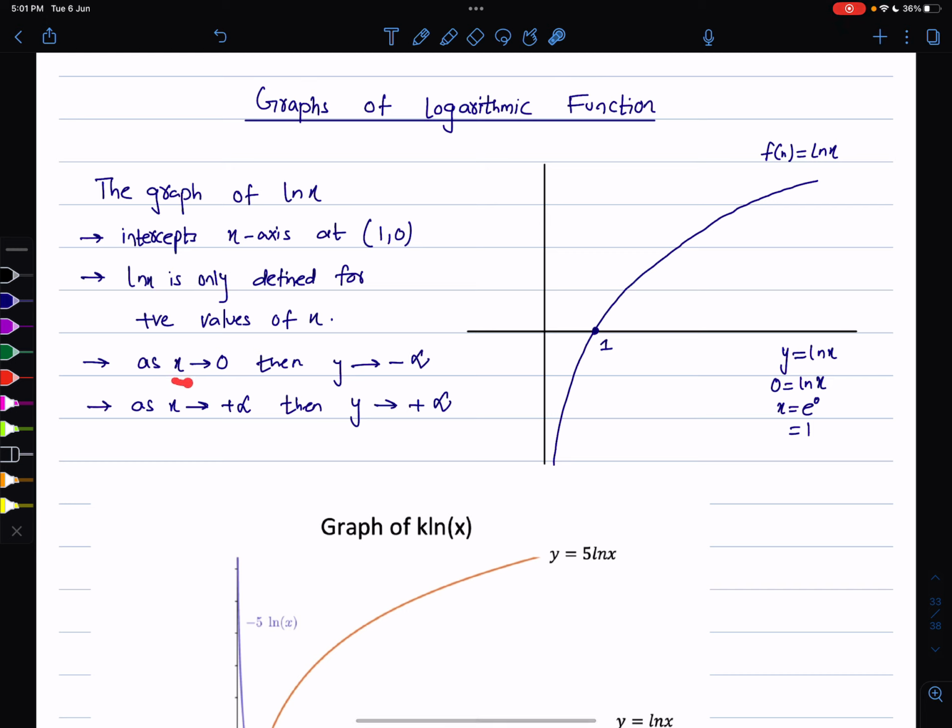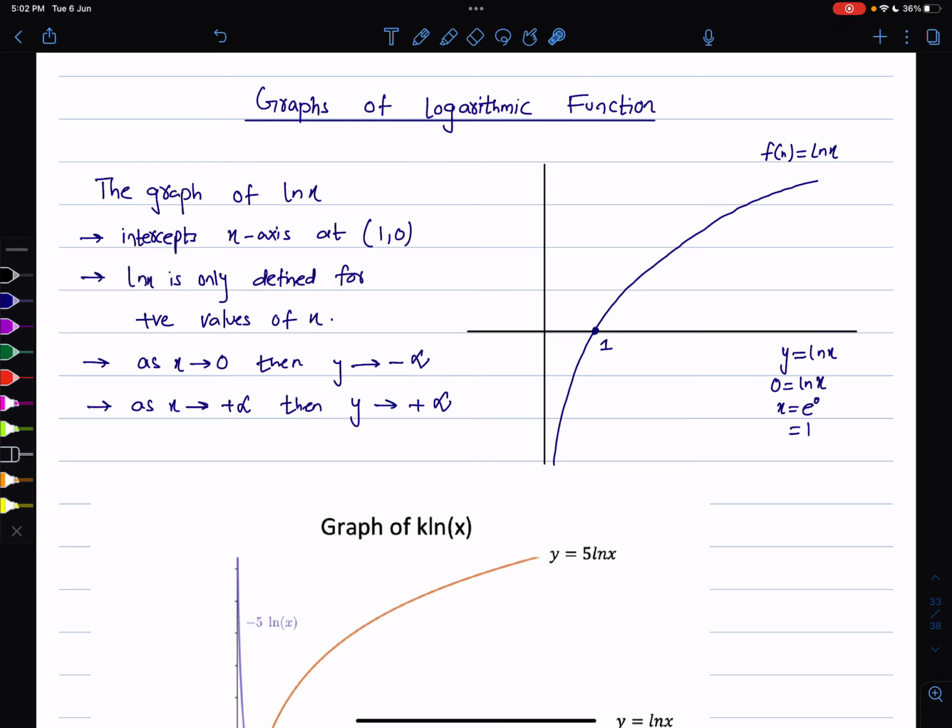Now as the value of x approaches 0, we can see that the graph goes towards negative infinity. And as the x value becomes infinitely large on the right hand side, the value of the function also becomes infinitely large, that is the y value reaches positive infinity.